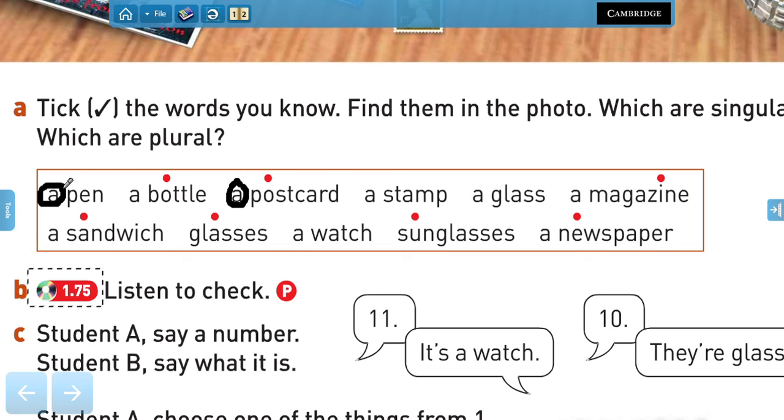A pen, a bottle, a sandwich, a stamp, a glass, a watch, a newspaper, right? And we also have things in plural, such as glasses, sunglasses, and that's it for now, right? We have a stamp, a glass, a newspaper.